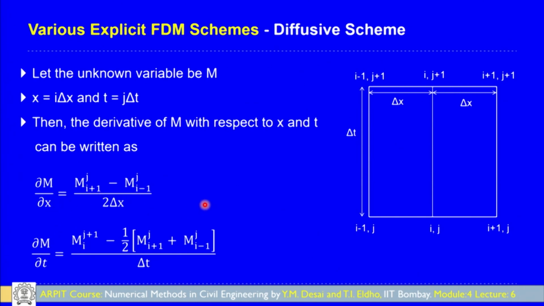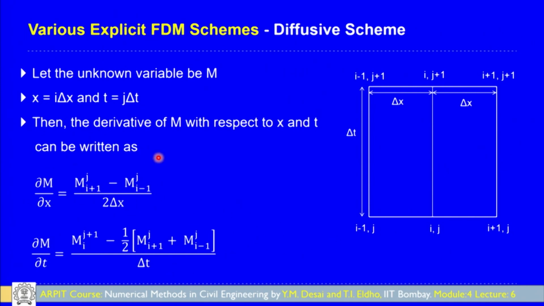Similarly, we can write the time derivative del m by del t as m(i, j plus 1) minus half of m(i plus 1, j) plus m(i minus 1, j), divided by delta t. It is obvious: here we are finding the average of these two values, and then taking the difference between m(i, j plus 1) and this average, divided by delta t.